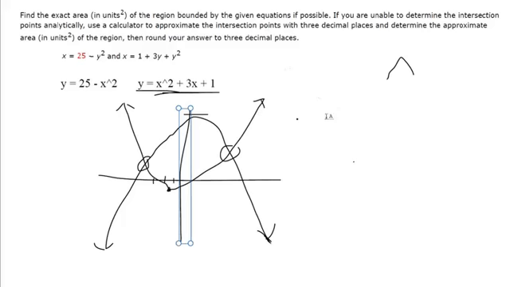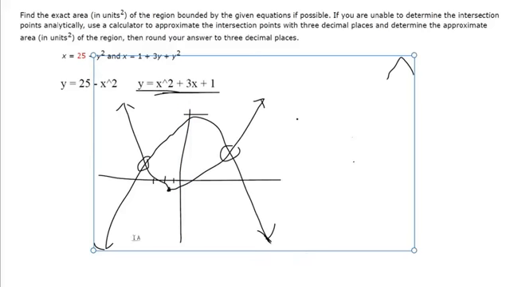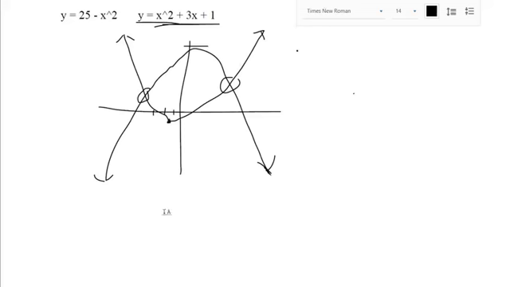We would say 25 minus x squared equals x squared plus 3x plus 1. We can add x squared to both sides. Subtract 25 from both sides.